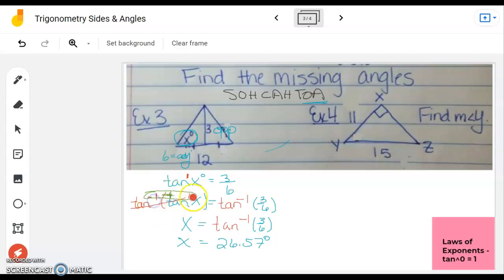Well, -1 plus 1 is 0, so that's applying this one. The laws of exponents, anything to the 0th power is 1. That's what cancels it out. That's what leaves me with x. But whatever I do on one side of the equation, I have to do on the other. So I have to take the inverse tangent on the other side as well. All right, so I'm going to stop this video here and start a new one for example 4.